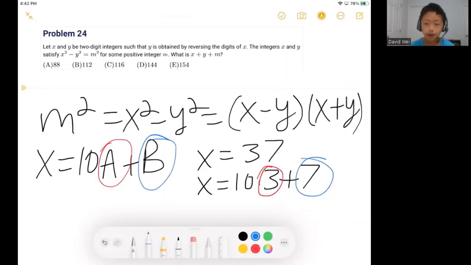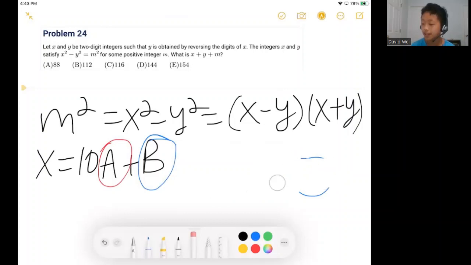This is a very powerful strategy, writing a number as the sum of powers of 10. So we're going to write x, because we know it's a two-digit number, as 10a plus b, where a and b are the digits of x.